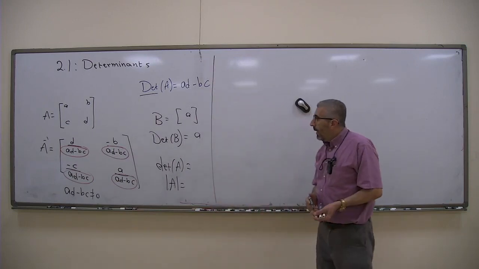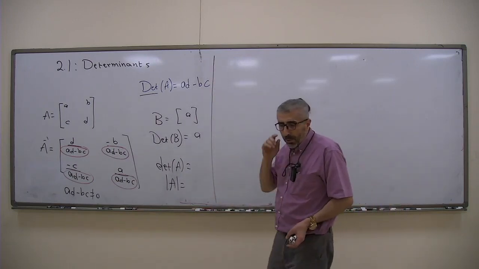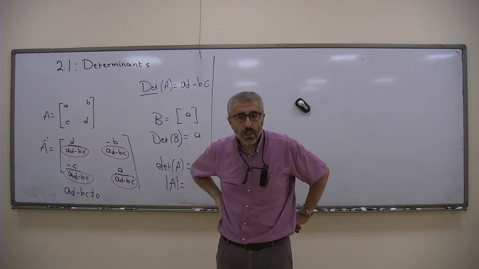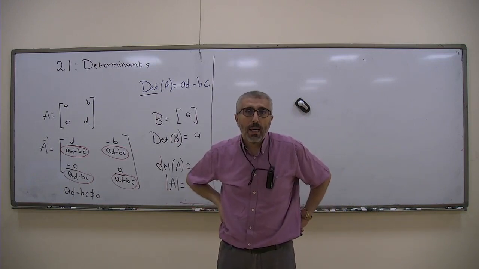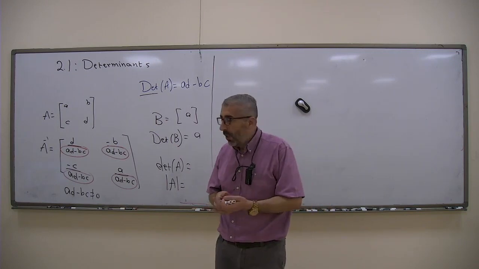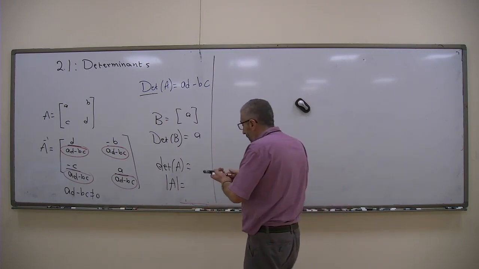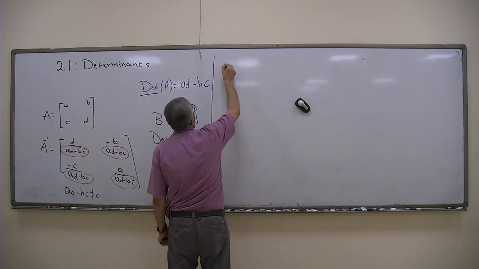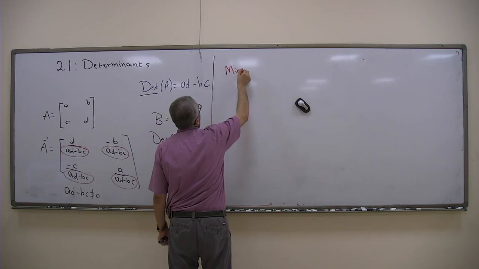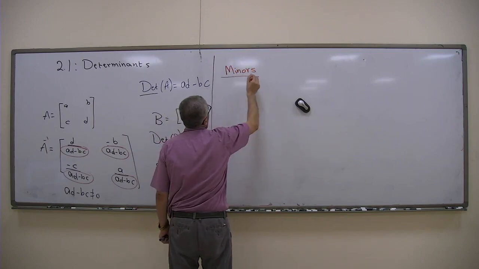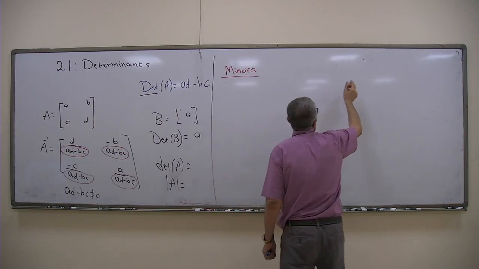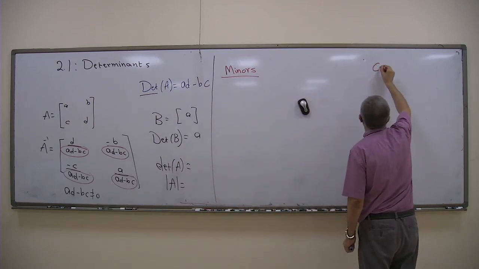So let's now develop an approach for finding the determinant of an n by n matrix. Okay. Well, to do that, I need to talk about something called minors, and something called cofactors.